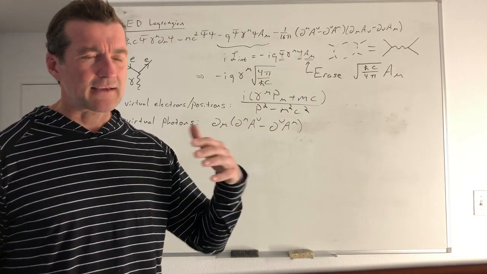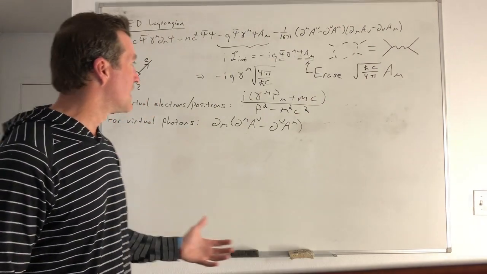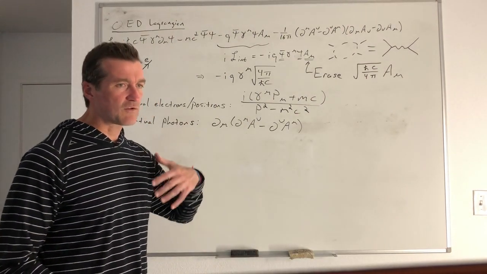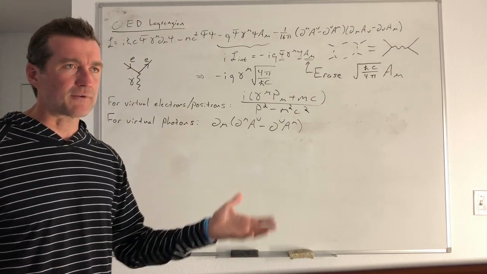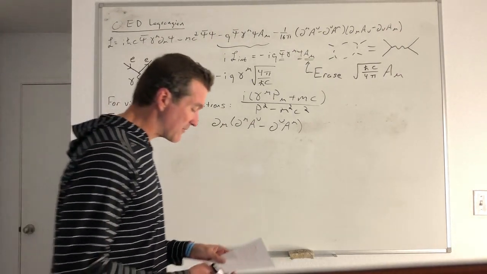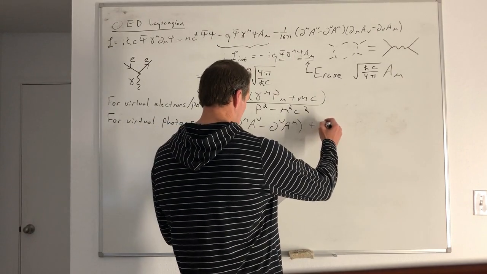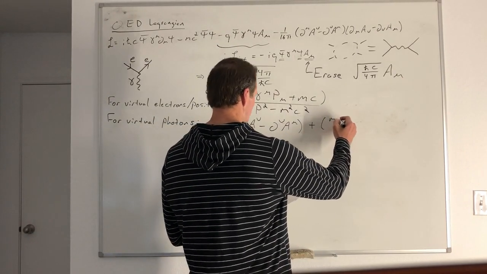We varied it, set the variation to 0 to get the Proca equation of motion, and that should correspond to a bunch of derivatives acting on the field A, and if A has a mass, there should be a mass term. And here is an important observation which will pay off later.